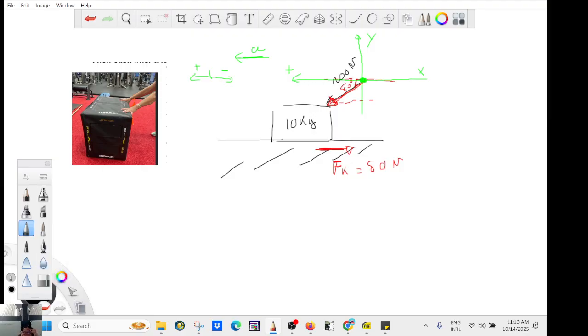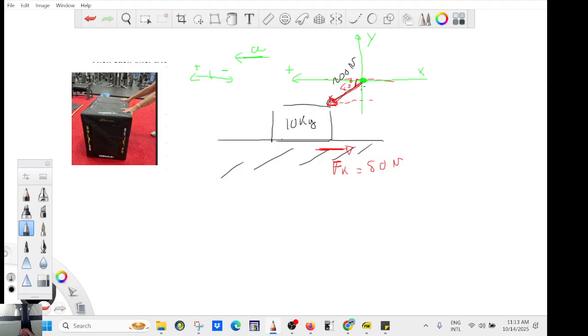Along the x-axis, it's accelerating. Along the y-axis, nothing: up equals down. So what is it that makes it go faster in this direction? Is it the 200 Newton or is it the component? The x component, very good.